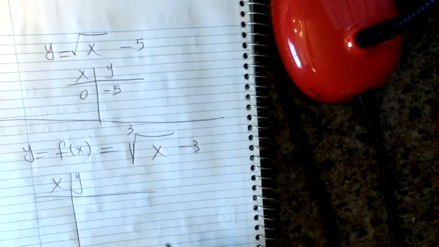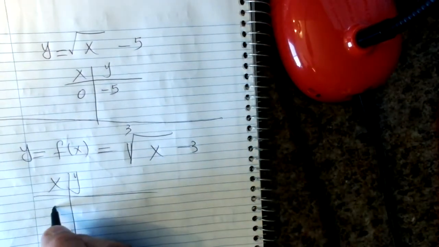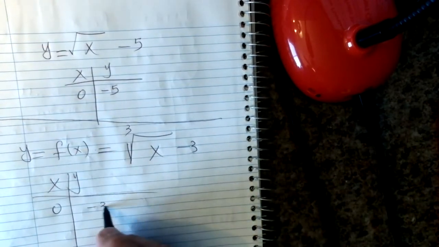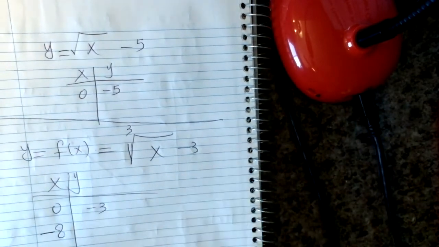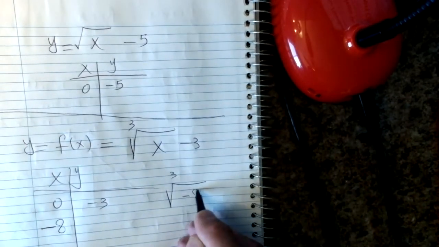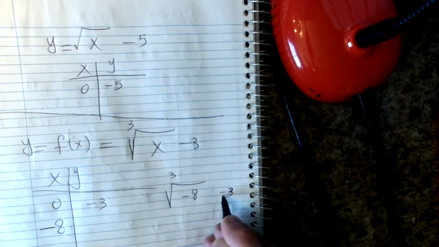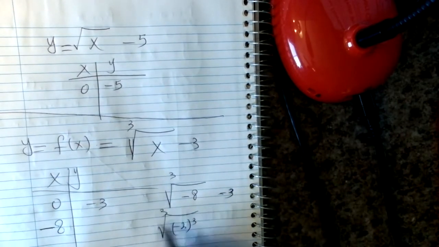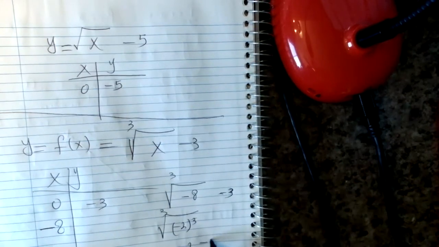It doesn't matter whether it's positive or negative. Look, x equals 0, cubic root of 0 minus 3 is negative 3. x equals negative 8. What is cubic root of negative 8 minus 3? It's negative 2, so negative 5.